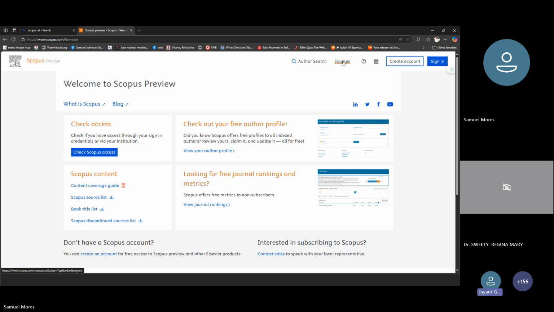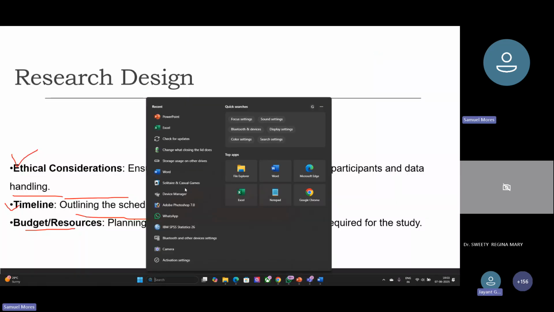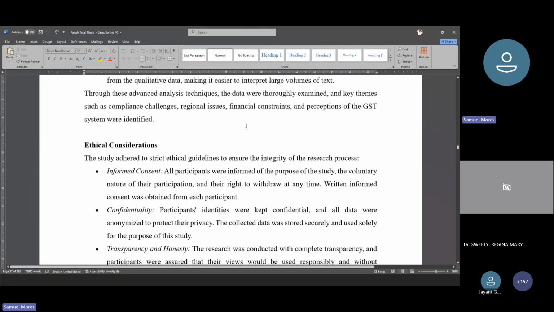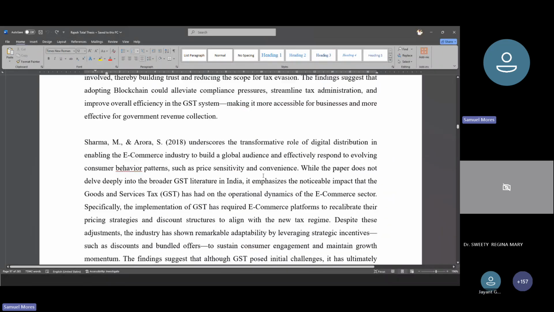For example, research methodology, or say the literature review, mostly. Yeah, literature review you can use it. Let me show you something, sir. In this particular research, I have gone for a narrative literature review.